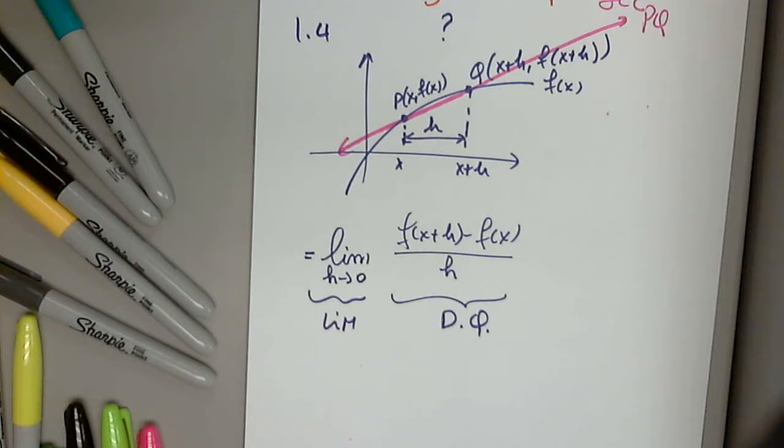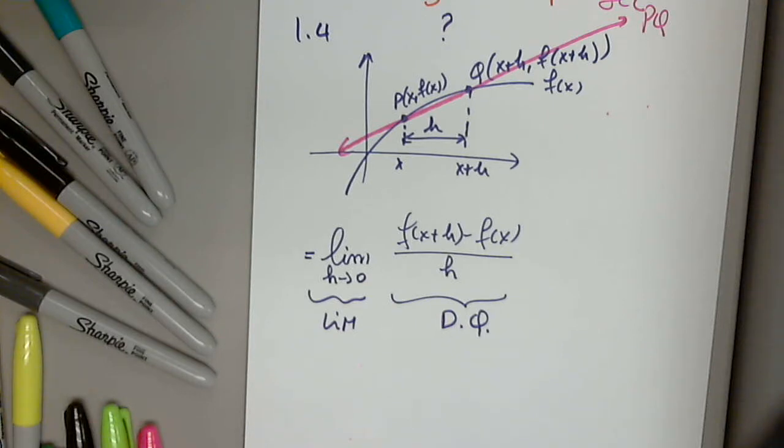So again, what happens here when this h gets closer and closer to 0? So then this point gets closer and closer to P. So the secant line now gets closer and closer to becoming a tangent line, right?